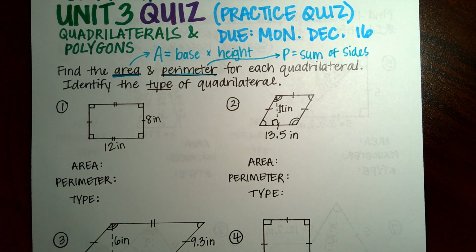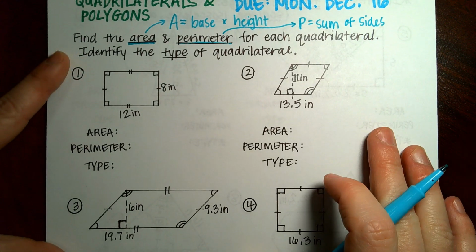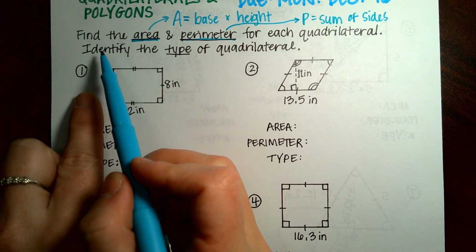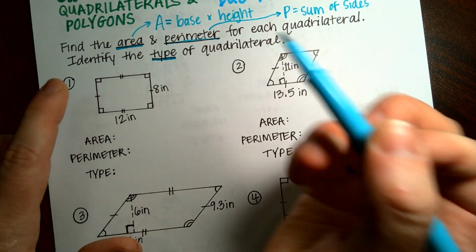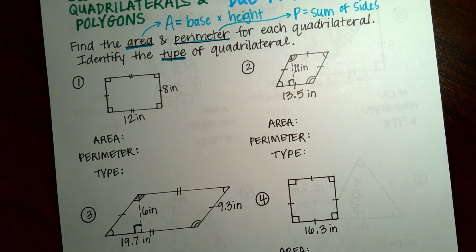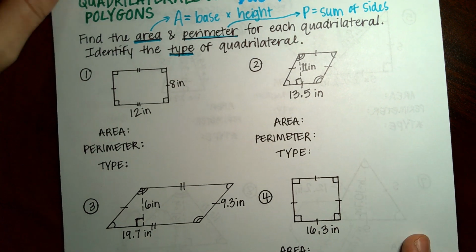Okay, so with that in mind, let's look through these questions. Now, I'm also going to have you find the type of quadrilateral. And what I mean by that is just give me the most specific name that you can out of all the types of quadrilaterals we know so far.